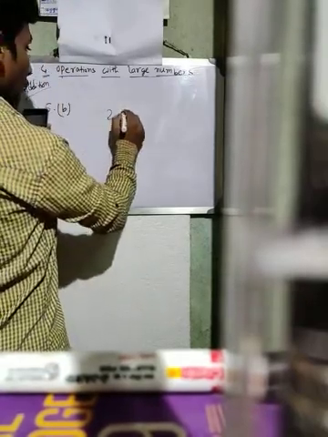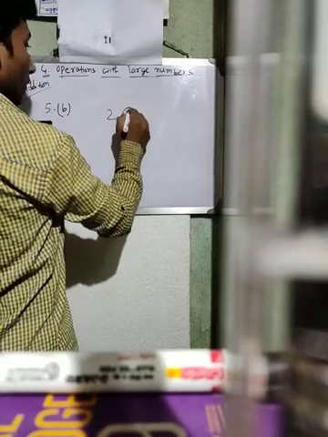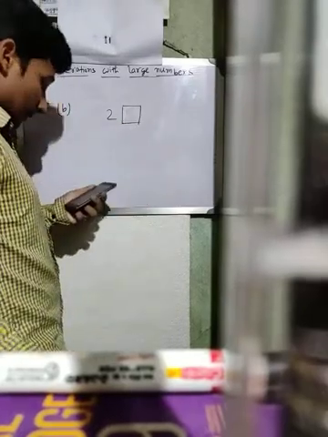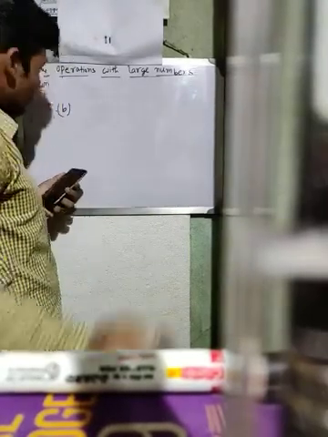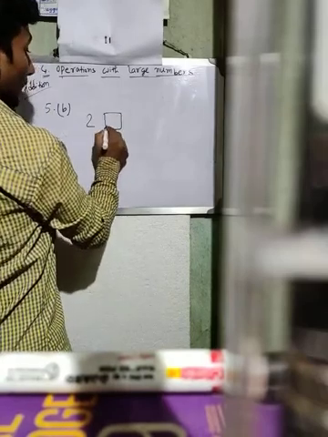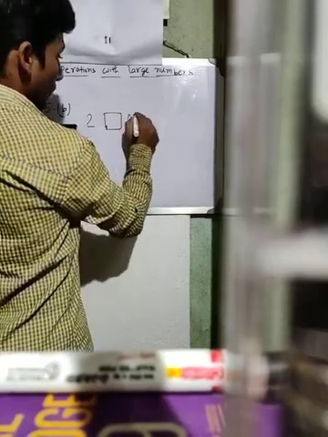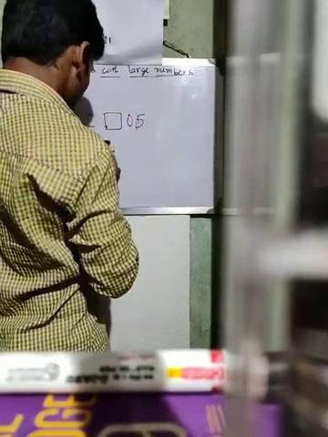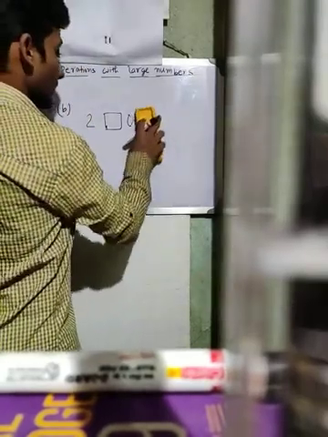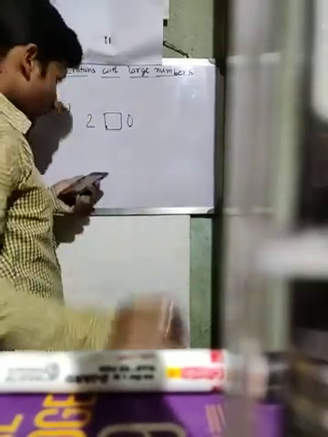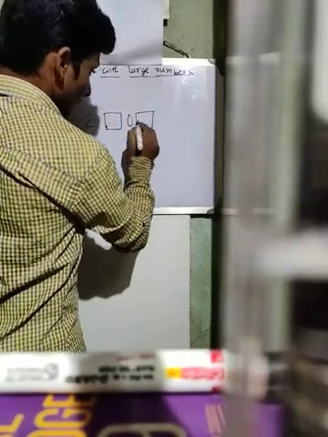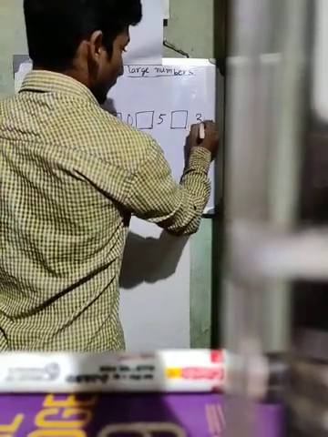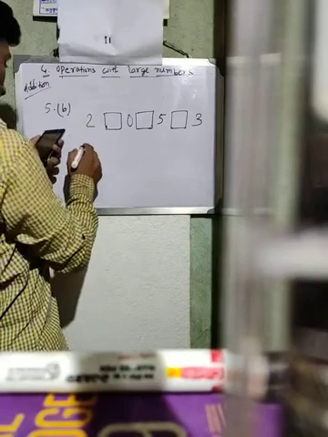So the problem is 2, then empty, then 0, then 5. Then 5, then empty, then 3.